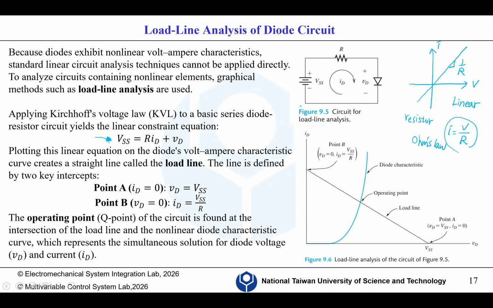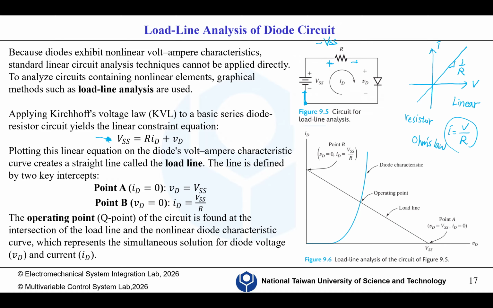I always start at the bottom left corner and run clockwise. When I meet an element's negative terminal, I say minus. So first is minus VSS. Because we assume the current flows clockwise, and the resistor always consumes energy, the current flows into its positive terminal.